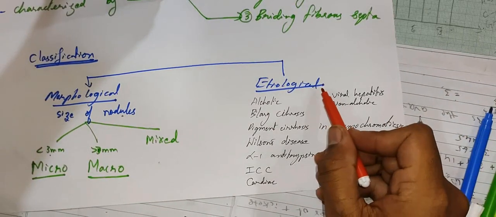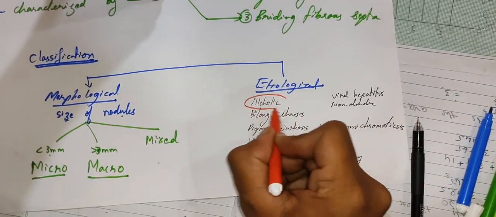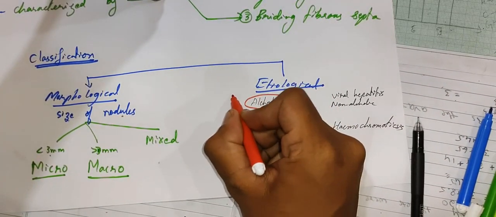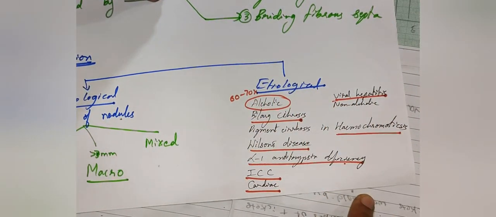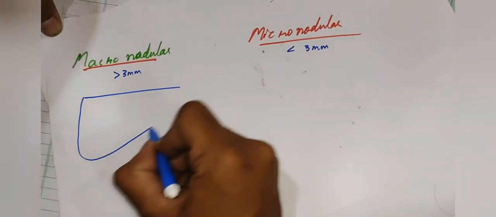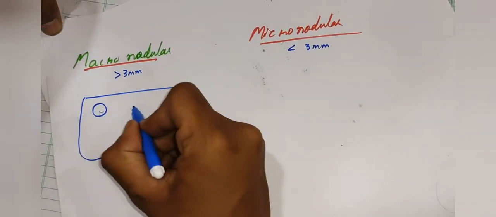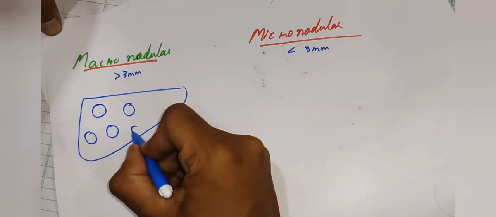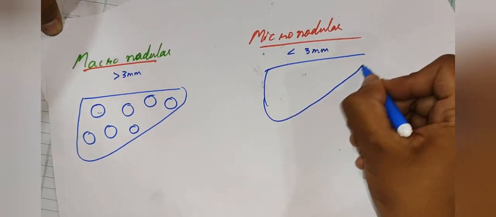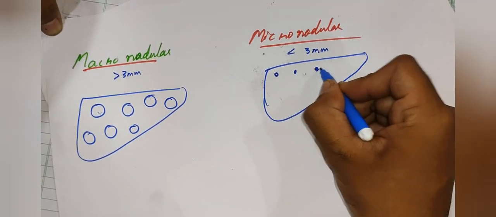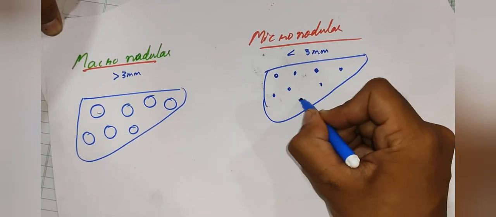Coming to the etiological classification, the most common is alcoholic cirrhosis, which is 60 to 70%. In macro, we see bigger nodules. In case of micro, these are less than 3 mm.